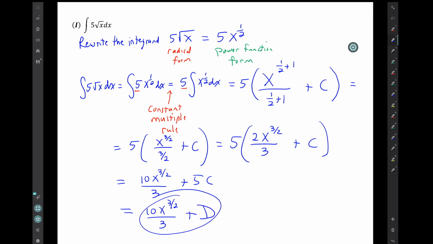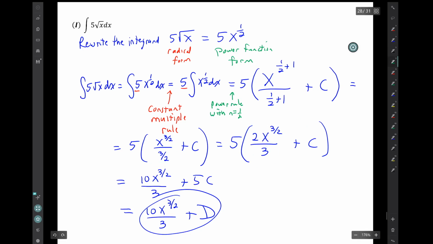Notice all the steps that had to be done very carefully. First of all, use the power rule, and we ended up with this messy expression for the exponent, 1/2 plus 1, and also for the denominator, 1/2 plus 1. We had to be careful with the arithmetic. 1/2 plus 1 equals 3/2. And then we had to note that dividing by 3/2 is the same as multiplying by 2/3. Then we had to distribute the 5 to both these places.